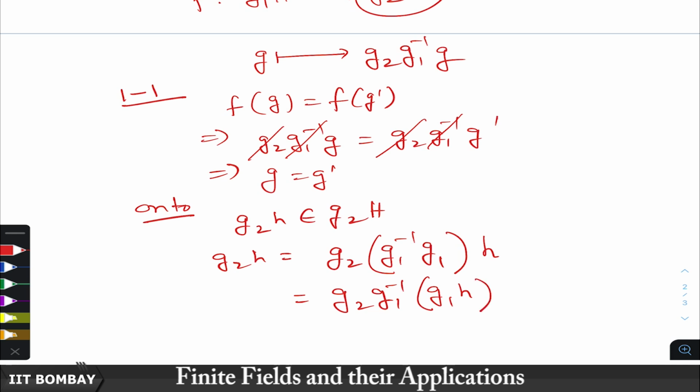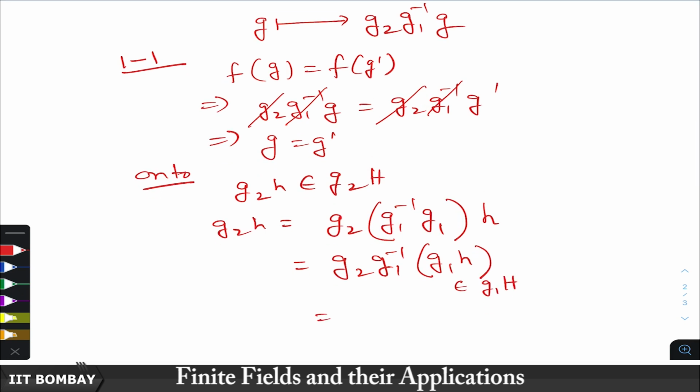right, and you can see that this term is in G 1 H, and so this is f of G 1 H. This is the definition of f, left multiplication by G 2 G 1 inverse.